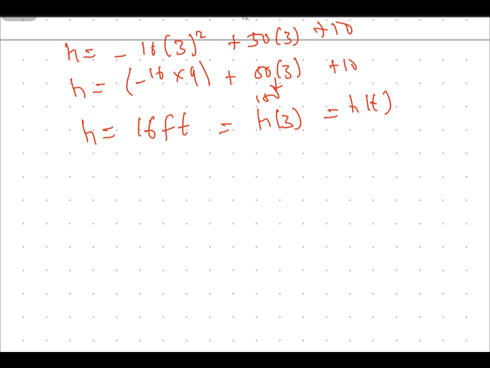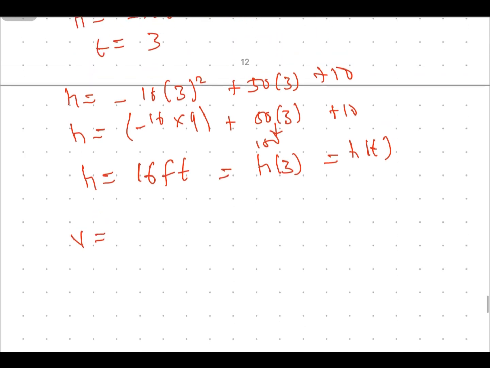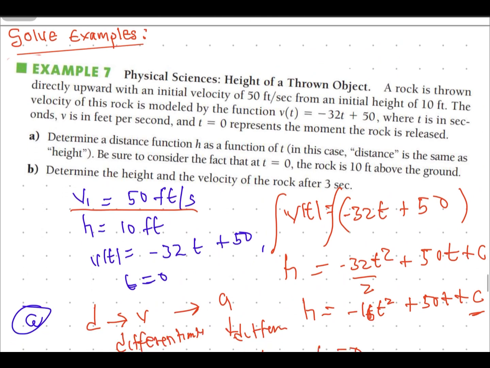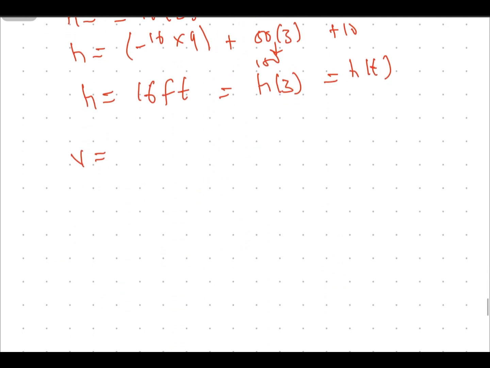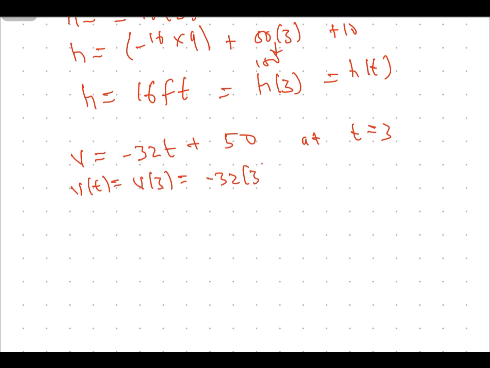Based on this, we are also going to find the velocity. When we look at the function, our velocity was equal to negative 32t plus 50. Therefore, at t equal to 3, v of 3 equals negative 32 times 3 plus 50.